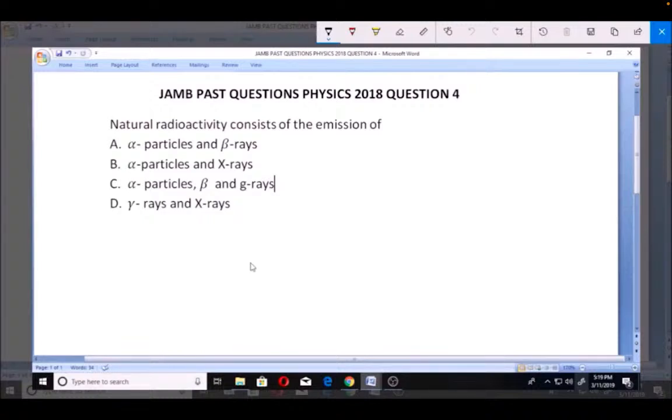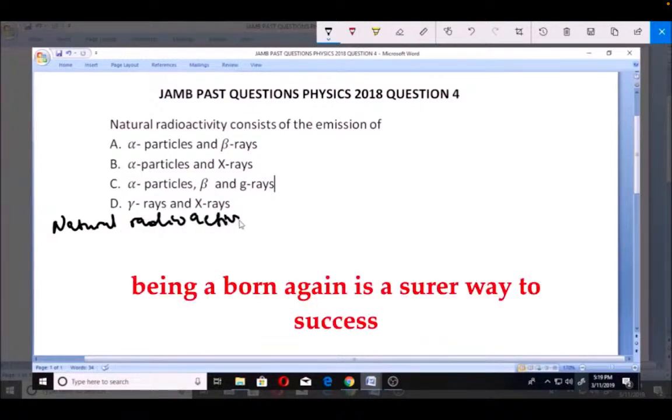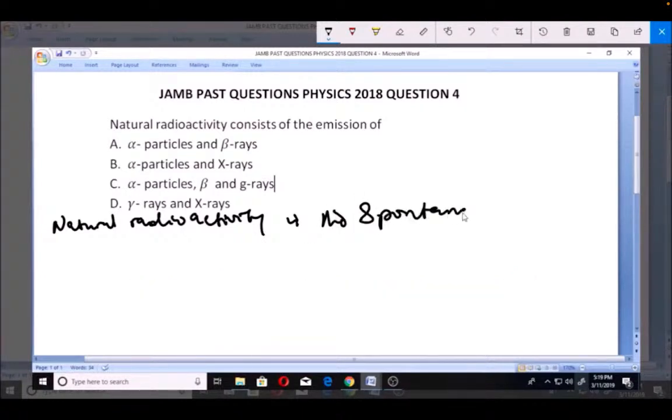Now, for us to understand this very well, we need to know the definition of natural radioactivity. And we have that natural radioactivity is the spontaneous disintegration. Natural radioactivity is the spontaneous disintegration or splitting.